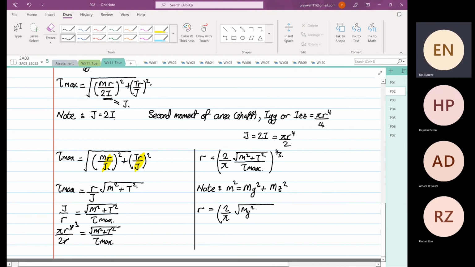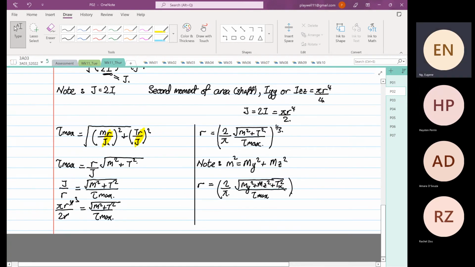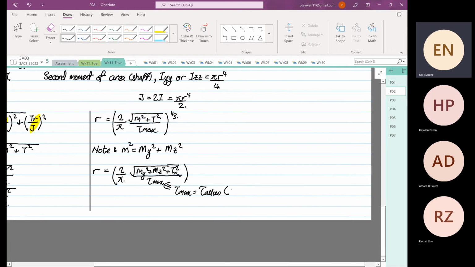My squared plus Mz squared plus torque squared, or in the x direction, and then this whole thing divided by tau max. Now, the tau max over here is also equal to the tau allowable, which is from material testing. Okay.